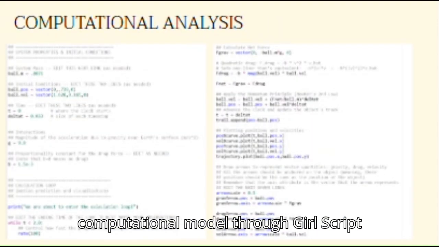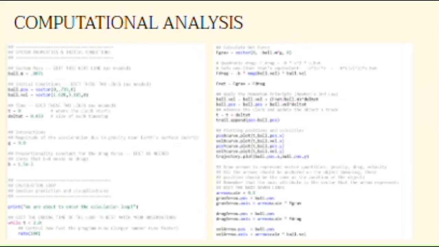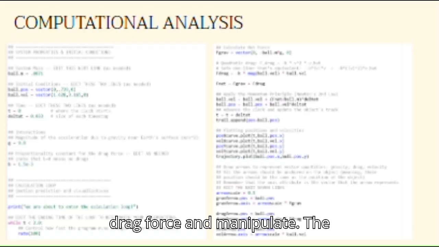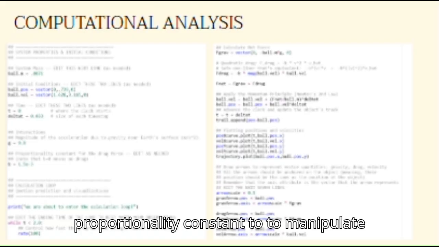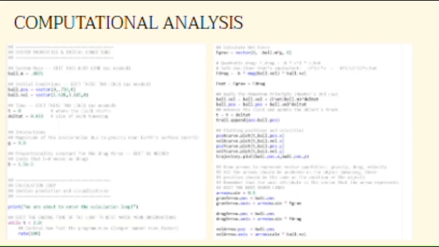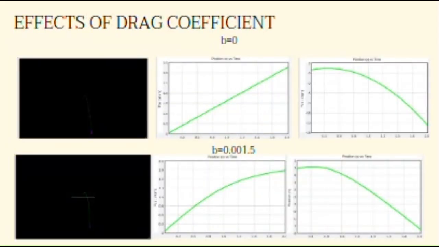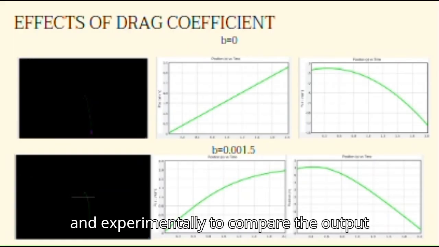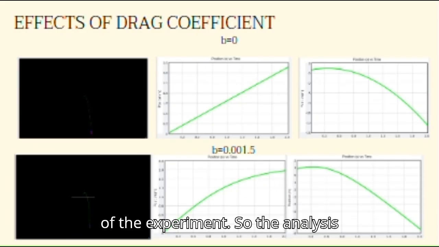Here is the computational model through GlowScript being thrown for t seconds. Then we added the drag force and manipulated the proportionality constant to change the output of the code. And then we just plotted the generated data, both computationally and experimentally, to compare the outputs of the experiment.